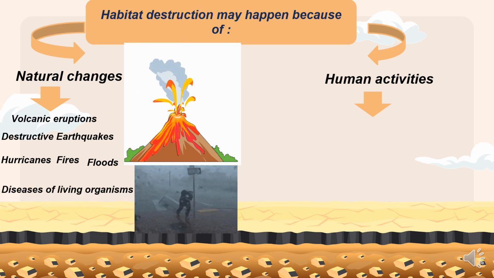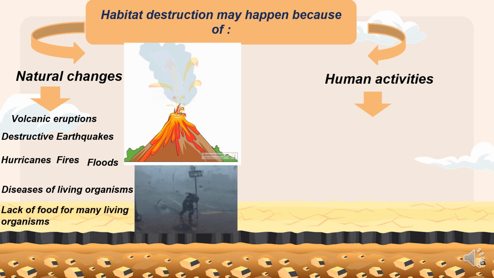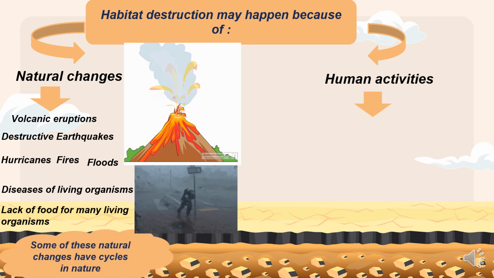Any of these natural things I can call a natural change which causes habitat destruction. Also diseases of living organisms can cause habitat destruction, and so can the lack of food for many living organisms. Some of these natural changes also have cycles in nature.